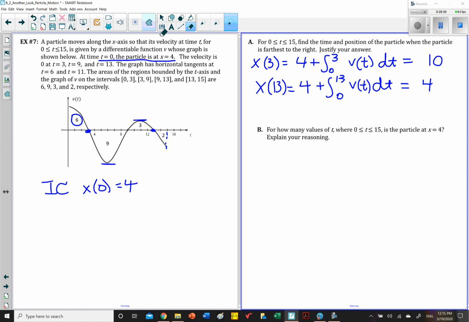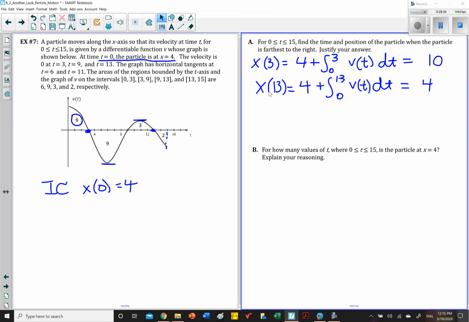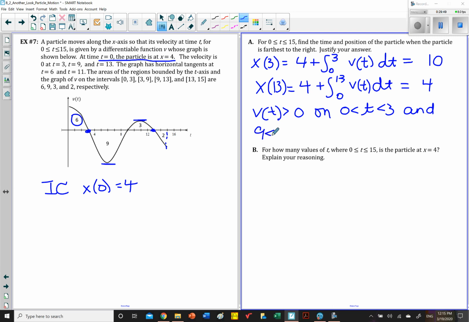So based on those calculations, what do we know? That the velocity is positive on 0 to 3, and again on 9 to 13.